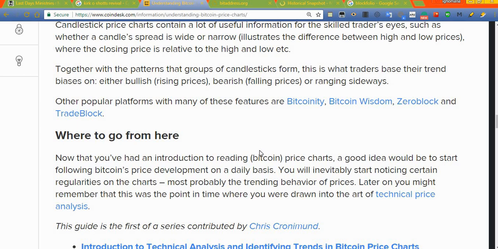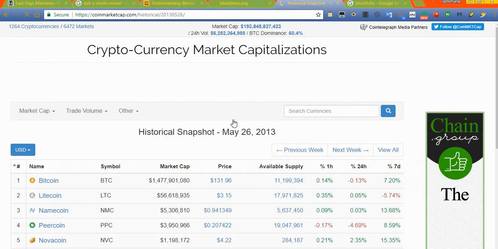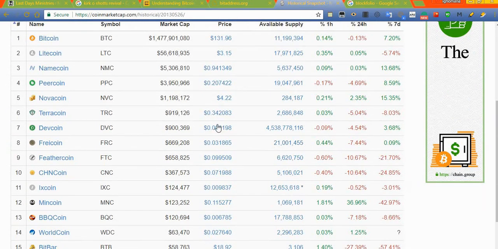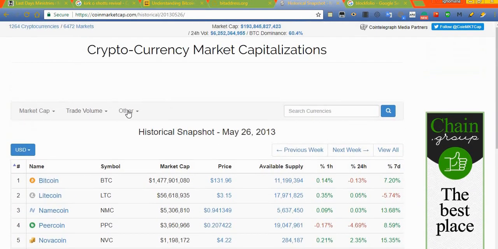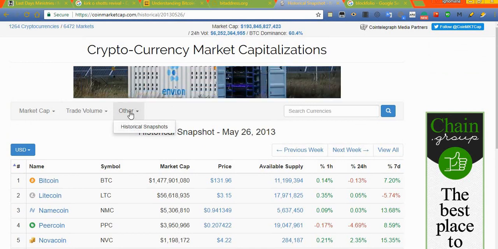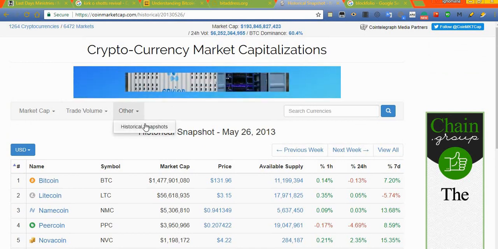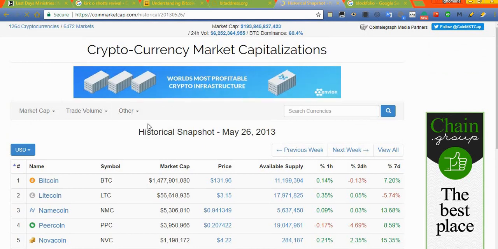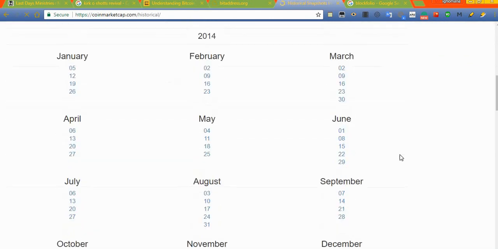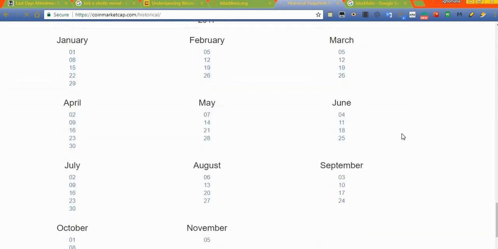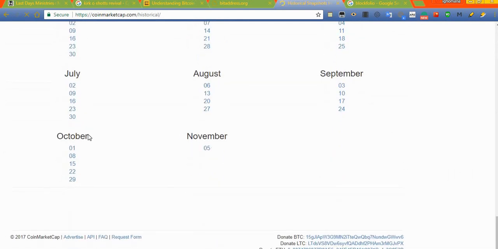Like with the historical snapshot, you can actually check what the Bitcoin price is. Let's go back. Now, this is November 2017. You could look at Bitcoin from July.